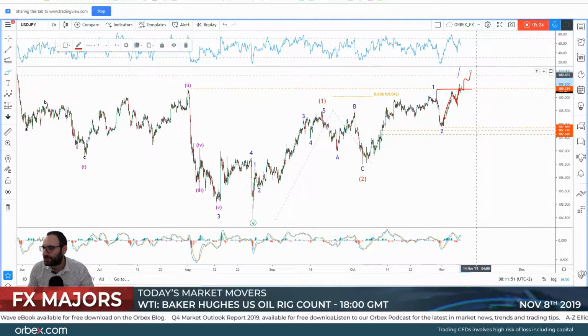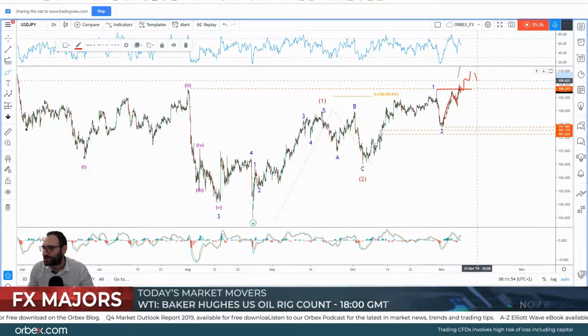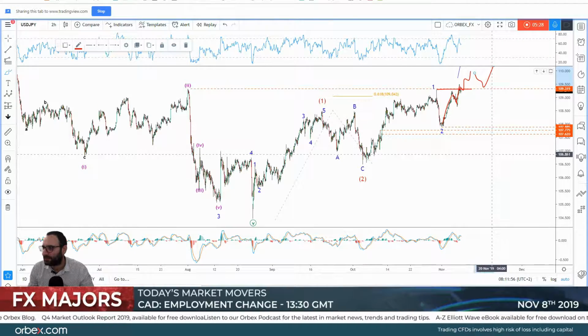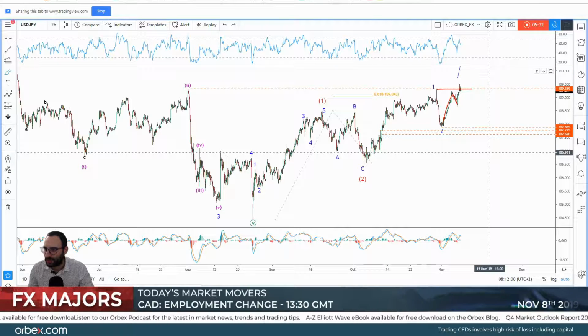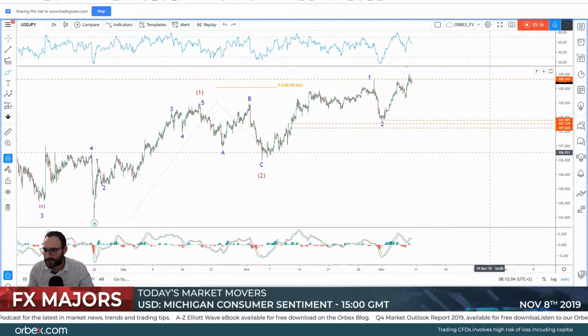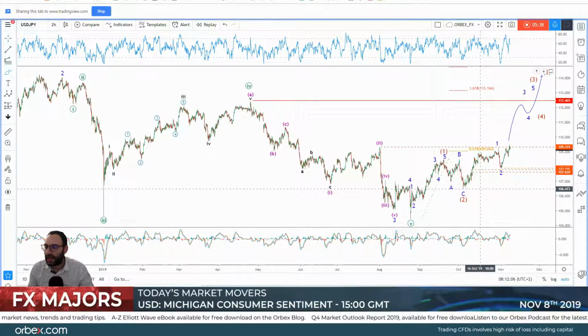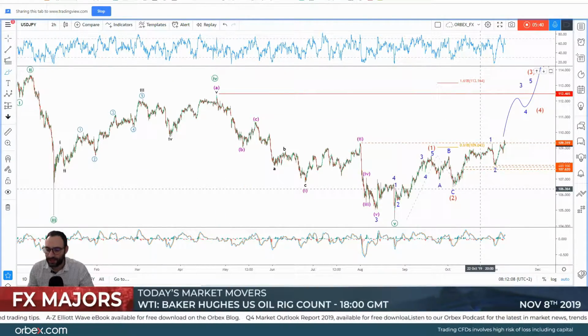It's likely to move around 110. Then we should see a correction down here and then move back up again. Now, on both pairs, pound and dollar yen, we don't see much bias on the indicators, and that seems to suggest that prices are going to continue with the current direction of the trend.